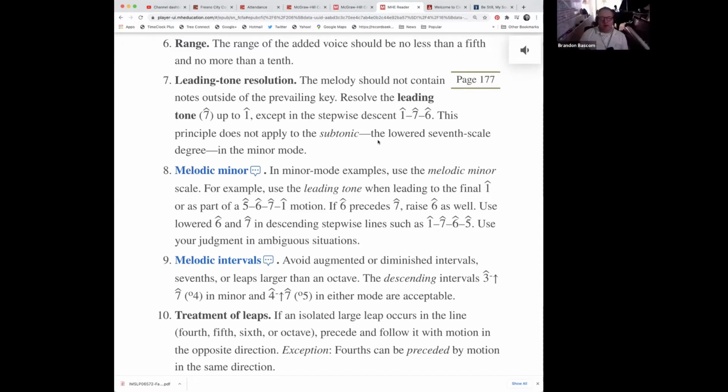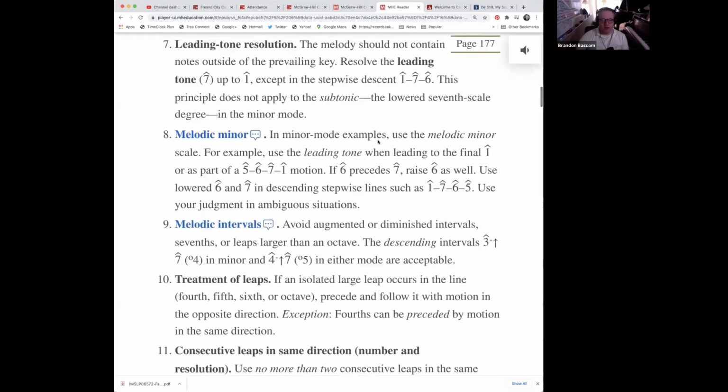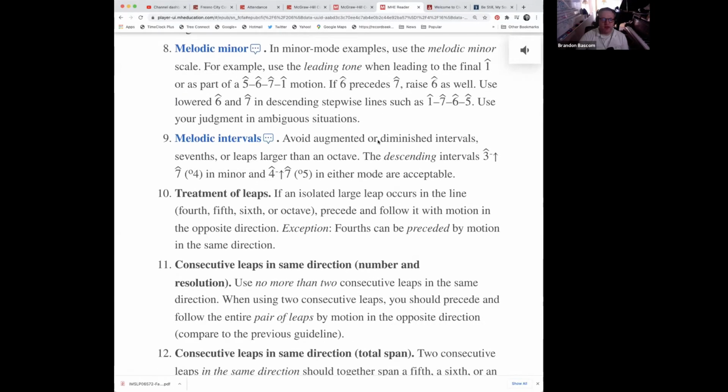We have to be careful with that word, flatted. I'm going to use the word that they use, lowered, because sometimes it's going to be a natural sign rather than a flat, because it might have been sharp. You with me? Melodic minor, use melodic minor when you can. That gives us 9 pitches and adds to our variety, right?